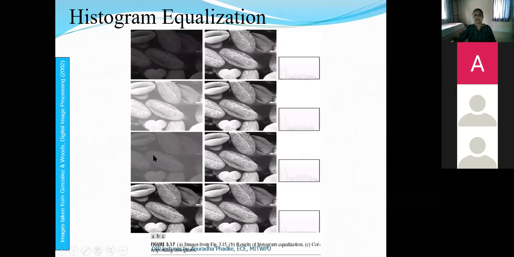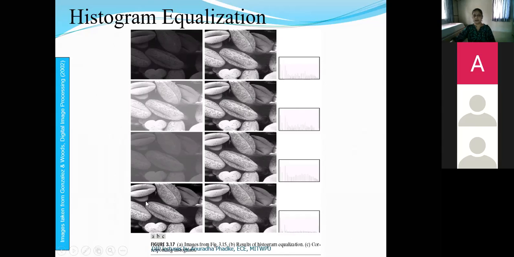Okay, so these three images have low contrast, and after applying histogram equalization, the ultimate result is we are getting an image with very good contrast. Okay, so all these three results are showing you an improvement in the contrast.